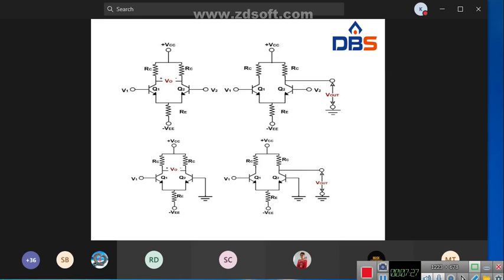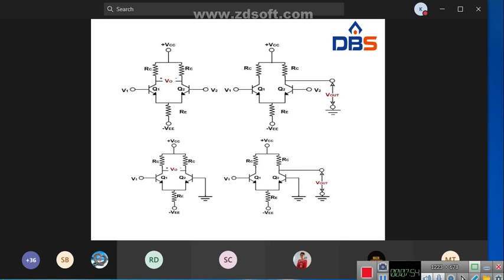The construction is the same for all differential amplifiers, but if we are having only one input, that is called a single input differential amplifier. If the output is taken between two collectors, that differential amplifier is called a balanced differential amplifier.